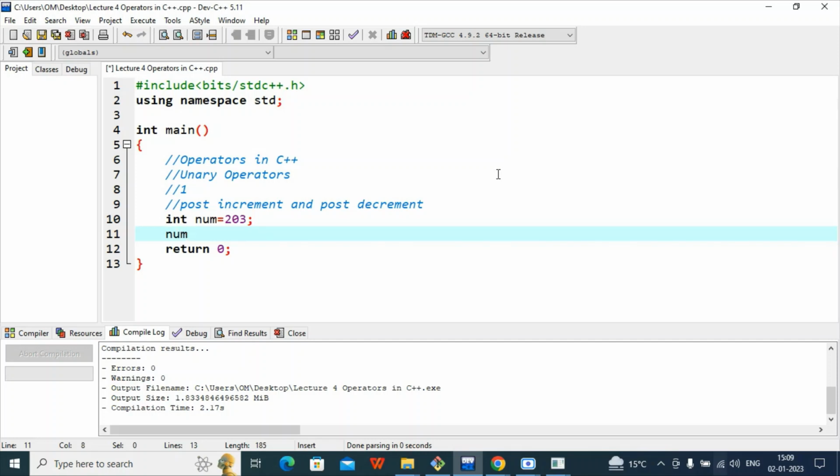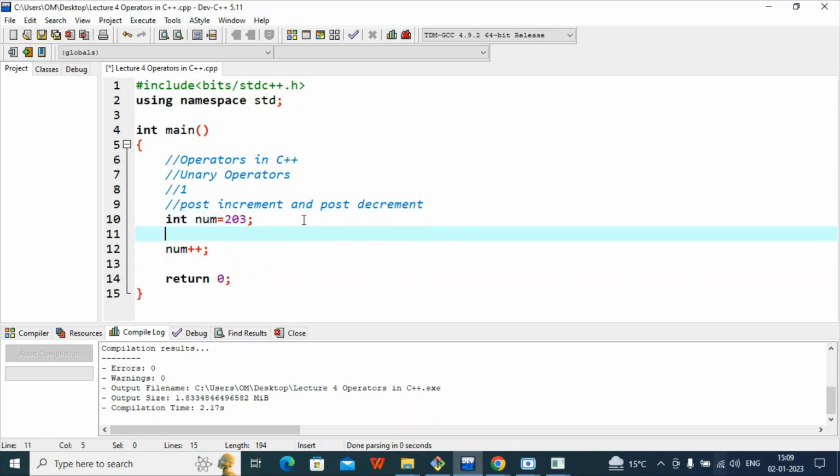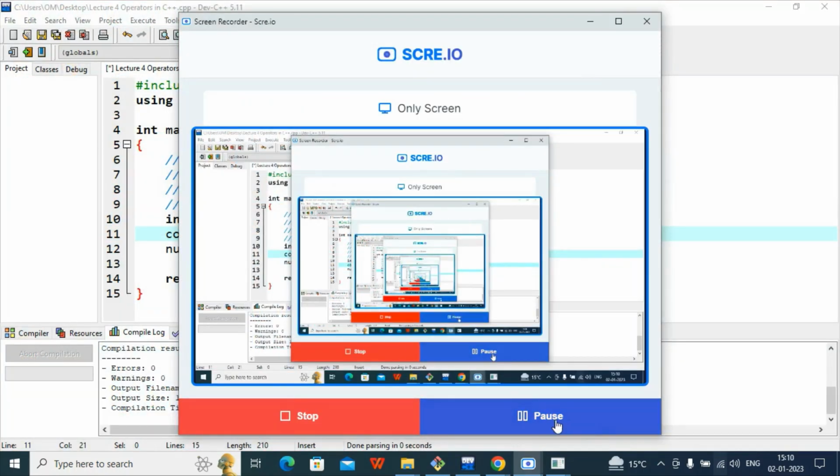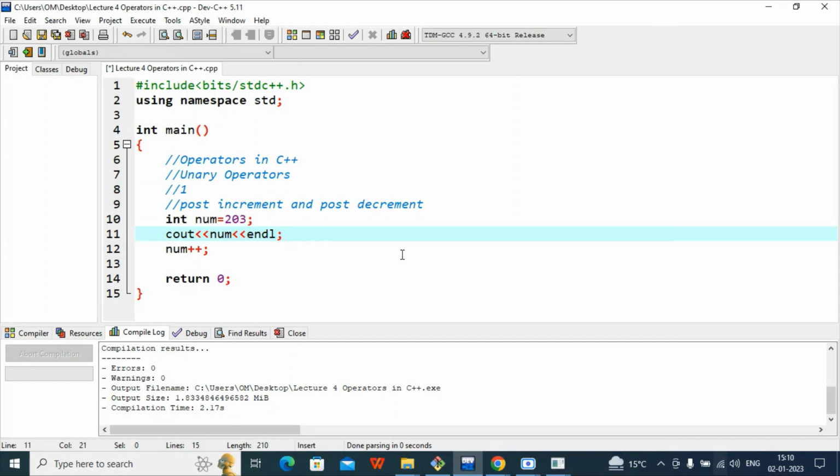It means I am doing num plus plus. Let me print it and show you how it will impact our num after incrementing it.